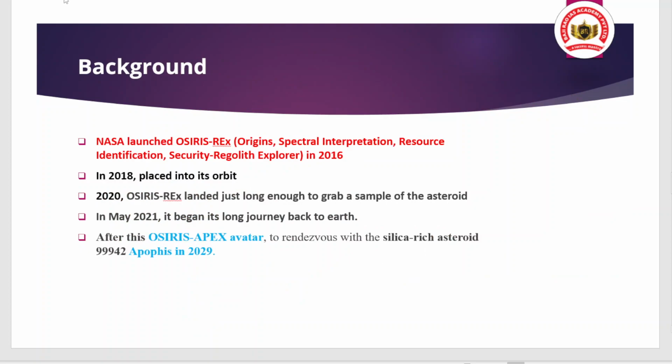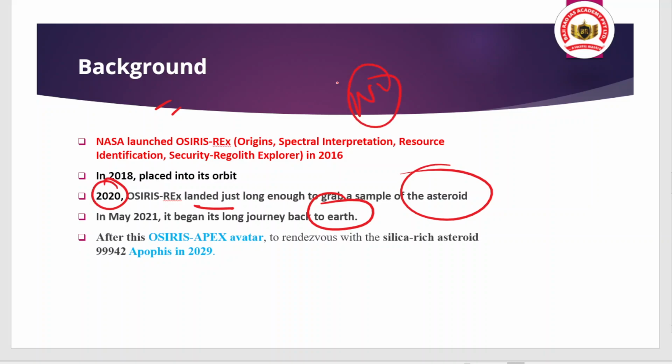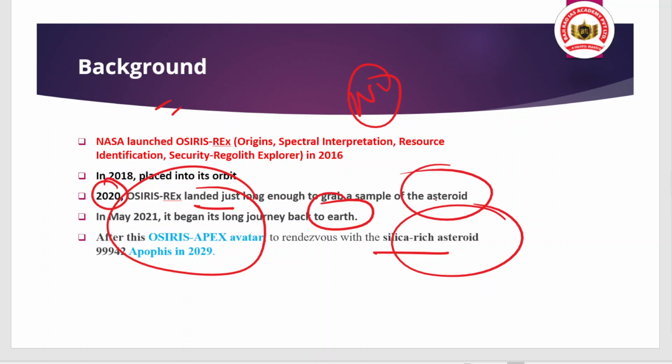And we have talked about the background, like when it was launched, and you can see in 2020 this landed just to grab a sample of the asteroid, and in May 2021 it began its journey back to the Earth. After this successful return mission, NASA is now planning to use this spacecraft again, and it will be known as OSIRIS-APEX, and it will visit a silica-rich asteroid, Apophis, in 2029.